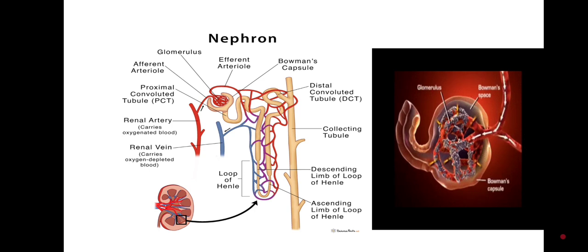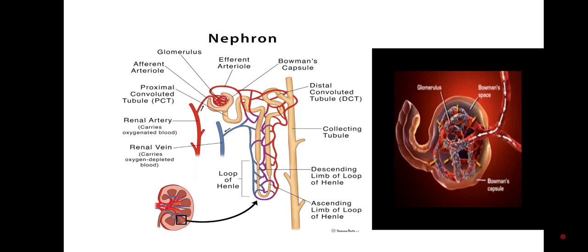The other part is the distal convoluted tubule. It is located in our cortex, and it regulates the pH, potassium, sodium, and calcium levels in our blood.